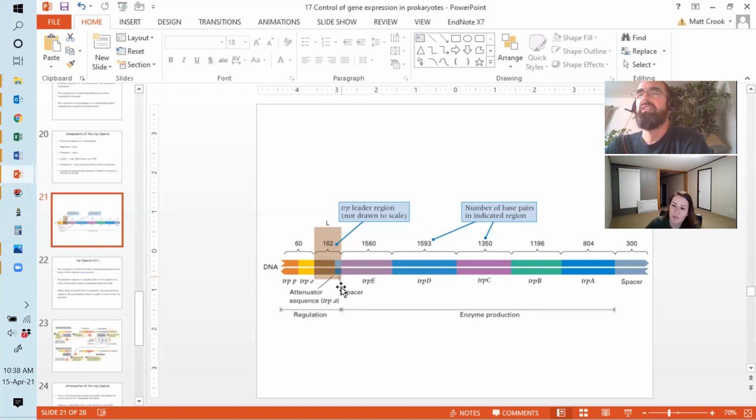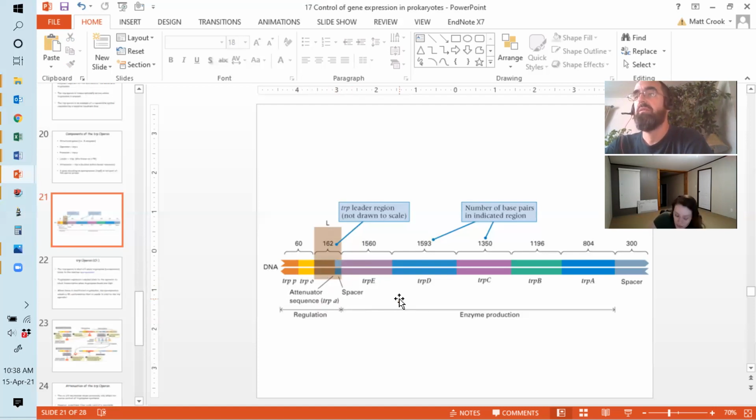Can you guess what the attenuator sequence forms? A hairpin loop. That is exactly what it forms. And so if the leader sequence is translated, a hairpin loop forms, and transcription is terminated. So essentially, this is a terminator sequence.